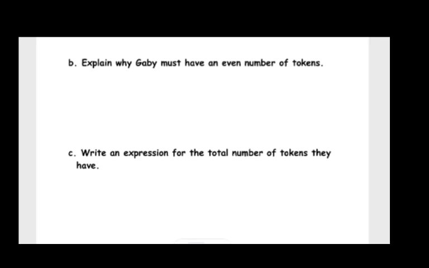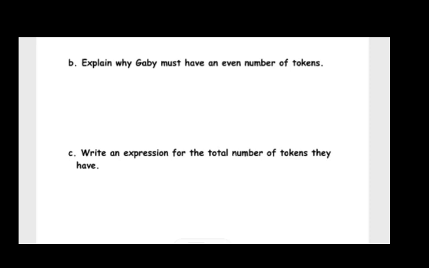As Joe's is related to half of Gabby's, if I divide anything by 2, I need to get a whole number. Tokens cannot be in points. If you get a token, half token you take, half token I take, it doesn't work that way. Either I have a full token or I don't. Hence, it means that Gabby must be having an even number that was then halved or divided by 2, which gives me a positive whole number.